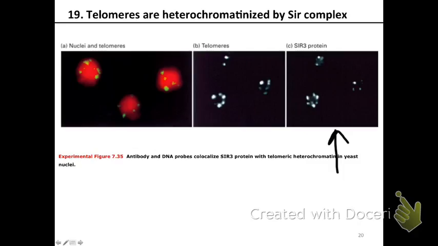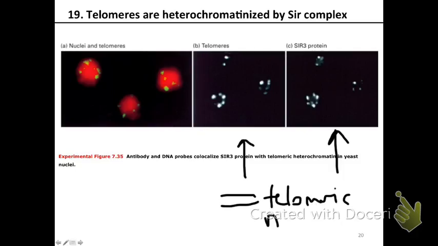In this DNA FISH experiment, they used telomeric sequences to make probes that are going to bind to the telomeric sequences, right? And that's going to give you where the telomere is, because this is DNA FISH, where you use the telomeric DNA as probes.